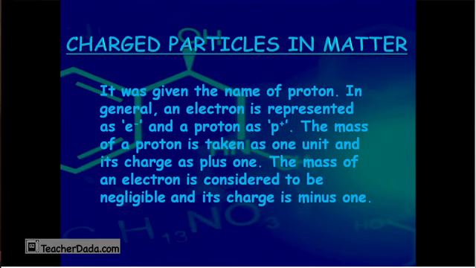The mass of a proton is taken as 1 unit and its charge as +1. It is positively charged, that is the reason it is taken as +1. The mass of an electron is considered to be negligible. There is no weight at all of an electron, but its charge is -1. It is quite powerful, its charge.